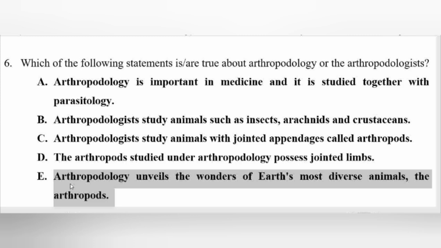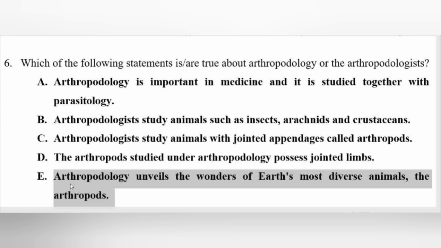They are ubiquitous, basically. And in terms of diversity, they are very diverse. When we look at biodiversity, we see a lot of diversity among the membership of the phylum Arthropoda.